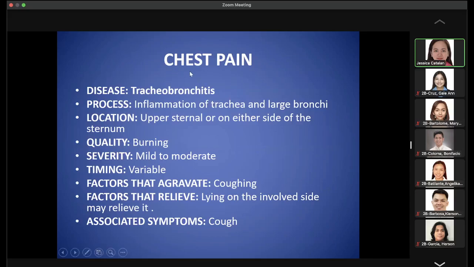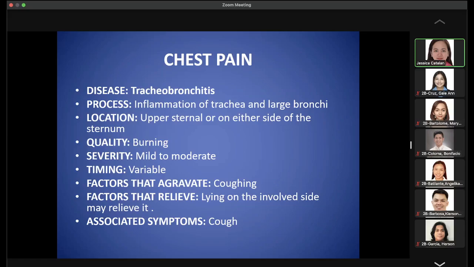So, sa respiratory disease or sa chest, we have tracheobronchitis. So, this happens when there is inflammation of the trachea and the large bronchi. So usually, ang location is upper sternal kasi sternum. Okay? And the character of the pain is usually burning, pero mild to moderate lang. Hindi siya severe, no? So parang constant siya na nandoon.